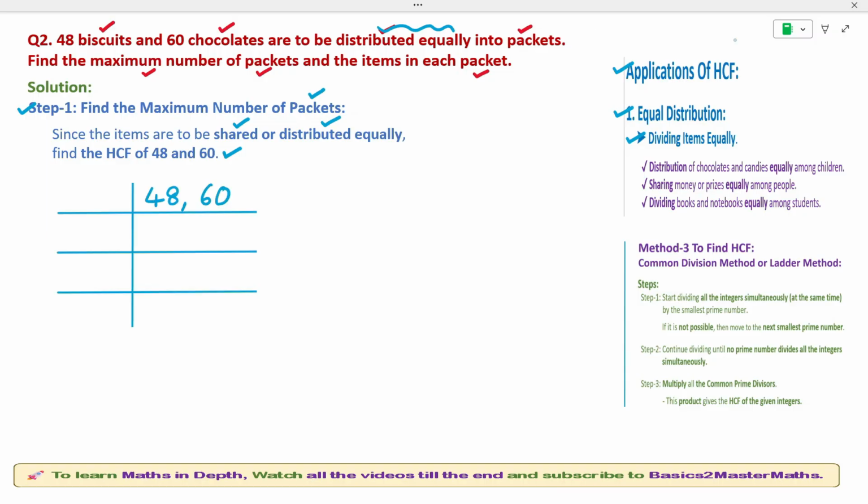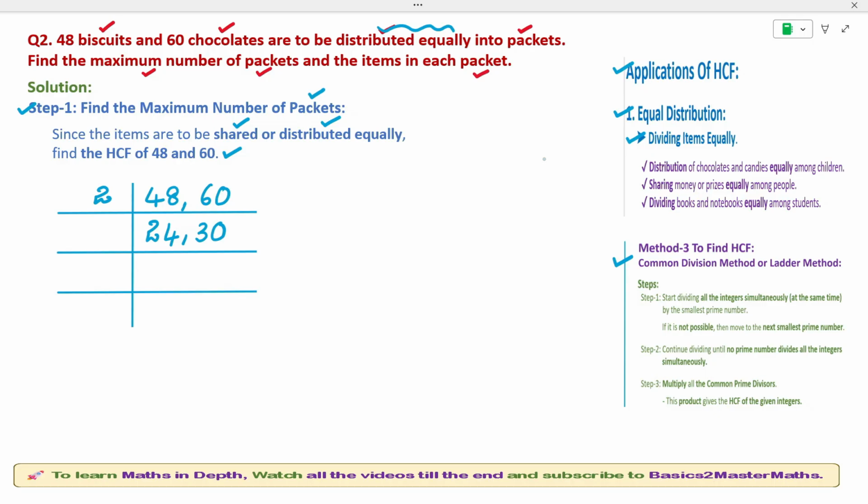Let us find the HCF of 48 and 60 by common division method. Start dividing 48 and 60 by the smallest prime 2. Since 2 divides both 48 and 60 exactly, we get 24 and 30.